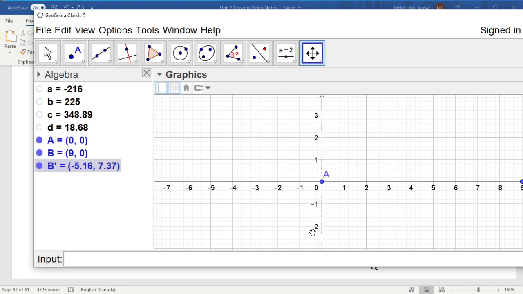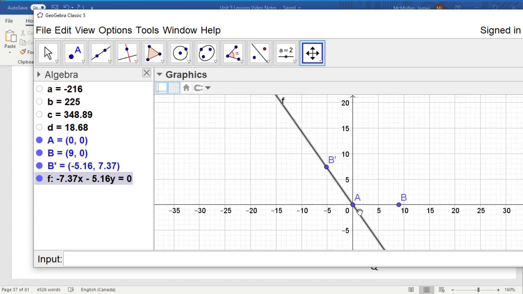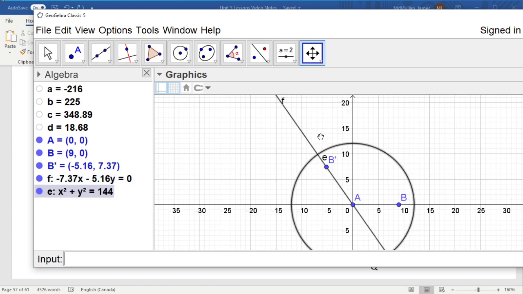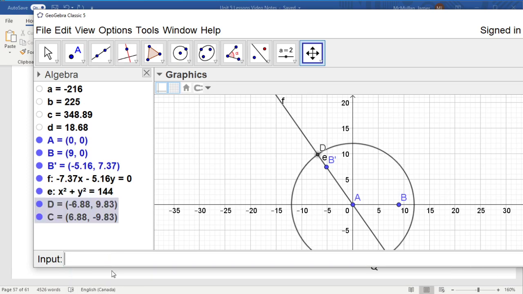Now we want to make a line that joins A to B prime. Can't do a segment here because it isn't going to be long enough. And then I want to do a circle from point A with length 12. We'll intersect the circle with the line, and we'll rename that point D.